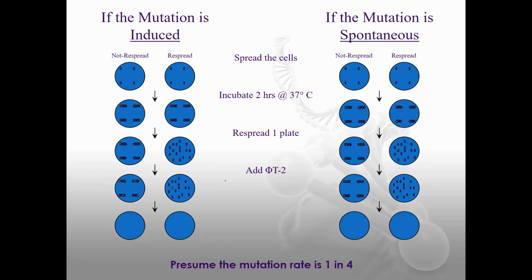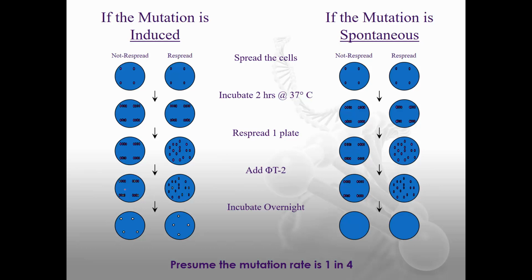And so T2 is going to kill anything that's wild type. The mutants are mutants because they are resistant to T2. And so when we incubate these overnight, what's going to happen? Well, the resistant cells continue to grow and divide, and the daughter cells are identical to the parental cells, the mother cells, and so they are resistant.